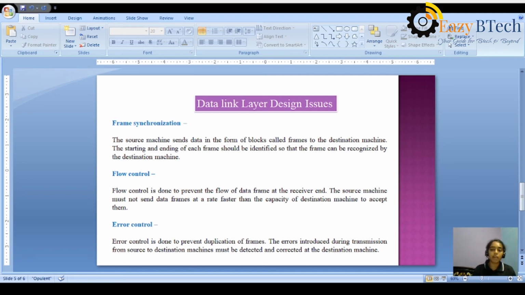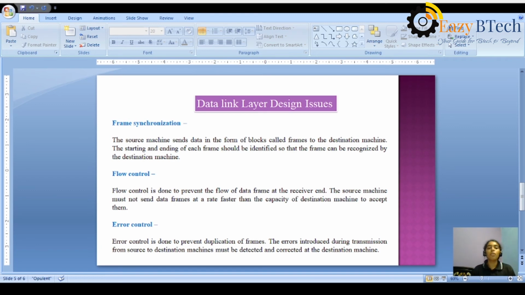The header part consists of an address, the data part consists of the actual data, and the trailer part has error correction and error detection techniques. If any error occurs in between data transmission, it will be modified by this trailer part. Okay, that is frame synchronization. We will discuss framing deeply in the next videos or classes.